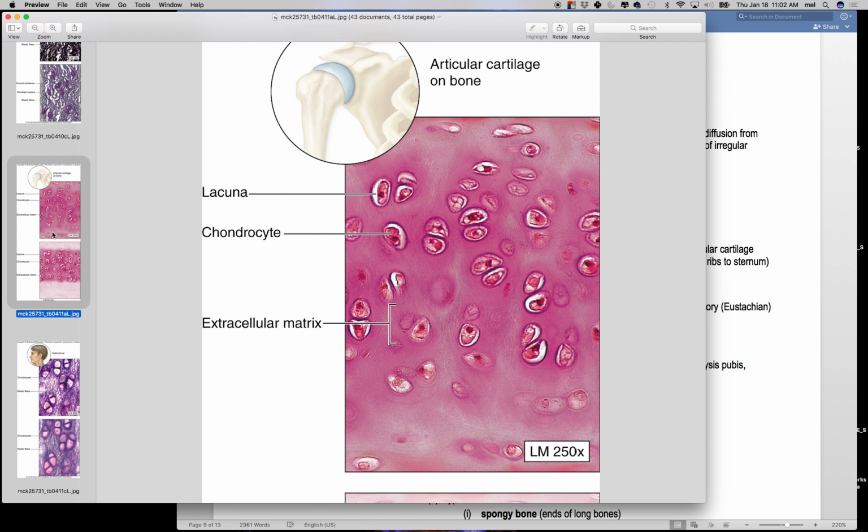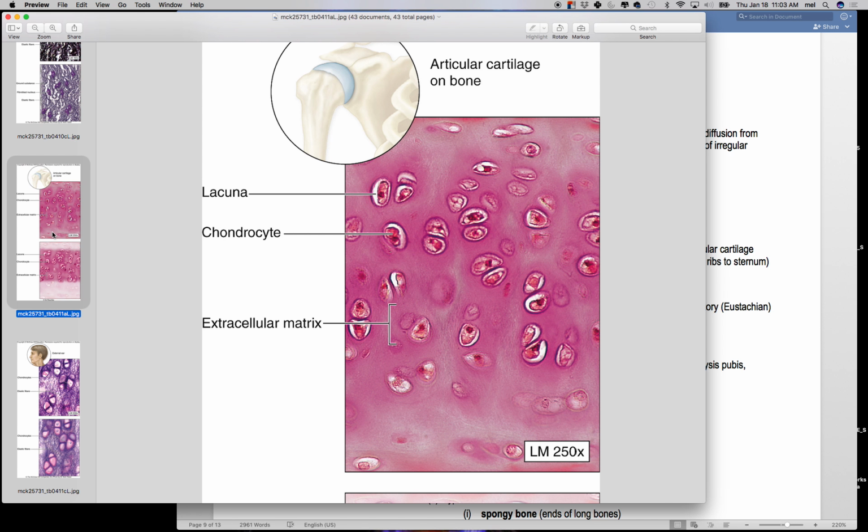So here's what cartilage is kind of like. You've got a slide with cartilage, any kind of cartilage. What you will see is a cell inside, usually a bright white frame. The cell is going to be called what? Chondrocyte. And the place that it's sitting is called what?